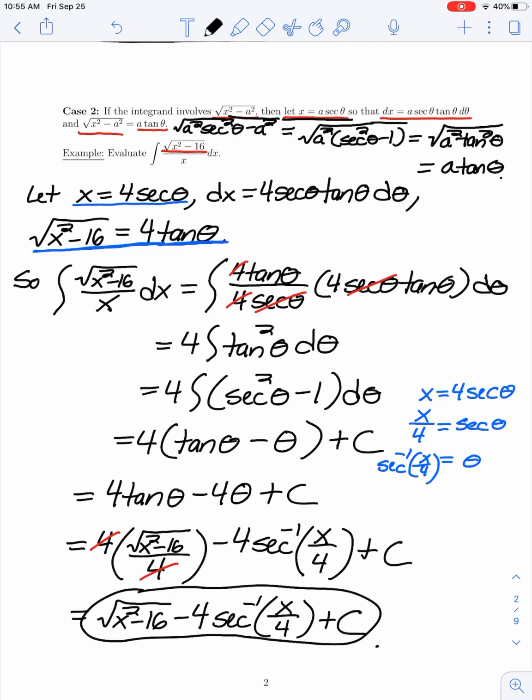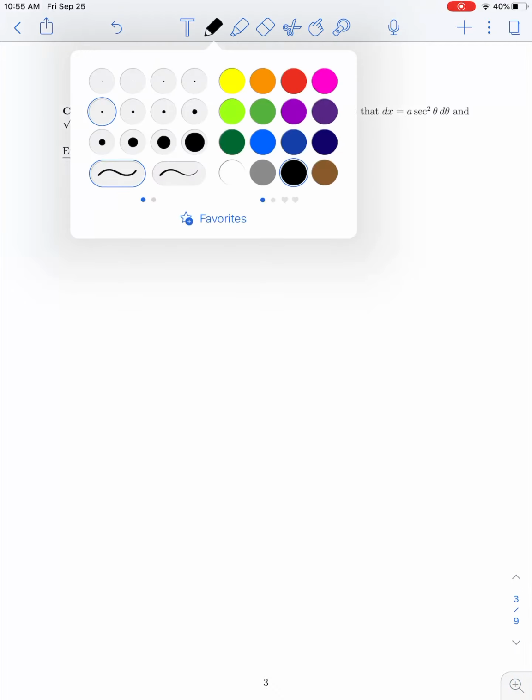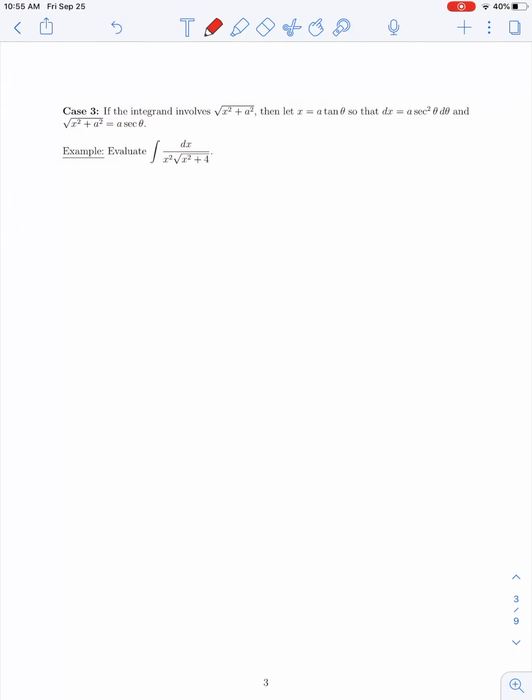All right. So let's look at our third case. The third case of a trig substitution arises when our integrand involves something of the form square root of x squared plus a squared. That is a square root of a sum of two terms squared.